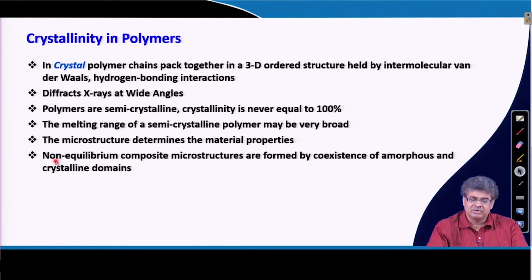Remember, we use the term non-equilibrium because when you form a polymer sample from a melt, we hardly get an equilibrium structure, because of the large molecular weight we do not usually give enough time to reach a thermodynamically more equilibrium state. So, non-equilibrium composite microstructures are formed by the coexistence of amorphous and crystalline domains.